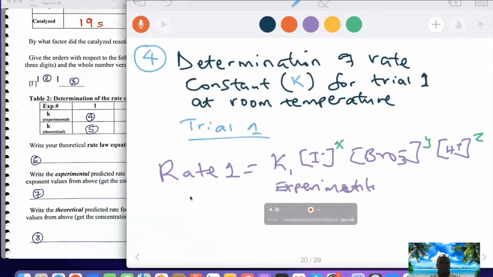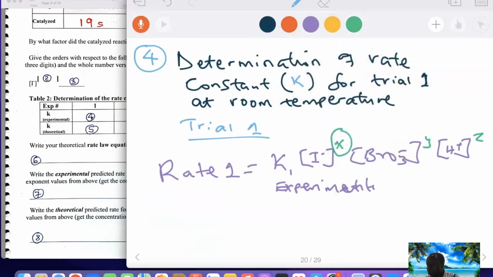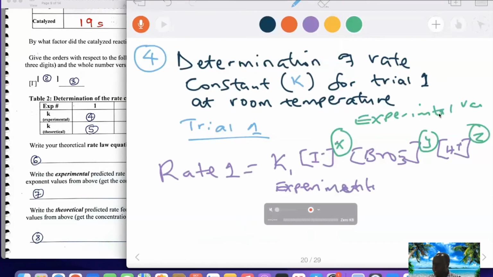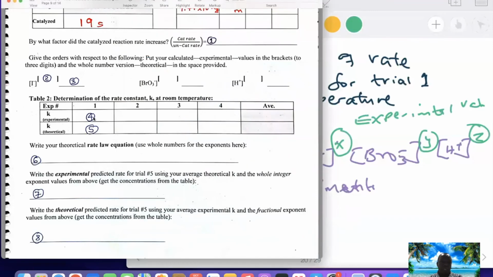So here, I was just showing you how to find item number 4. How do you find the experimental? This will be experimental right here. So if you use the experimental values here, you'll get the experimental rate constant. You'll do this for trial 2, trial 3, trial 4.